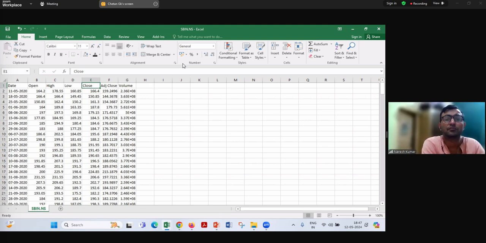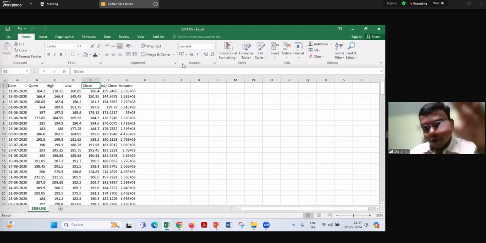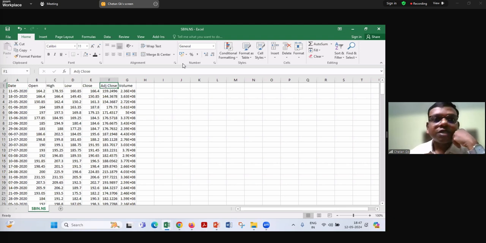Okay. So in the previous session, we had taken close because there was no adjusted close there. Here adjusted close has come up. So because of this, adjusted close is much more reliable than close. I'll tell you why adjusted close should be taken and what adjusted close means. It is accounted for splits and bonuses.